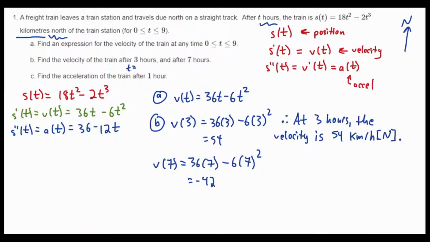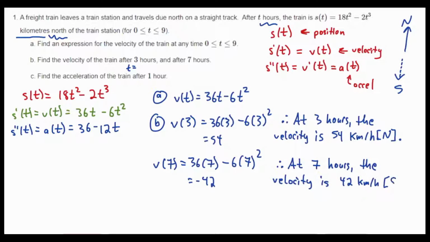Negative just means it's heading the opposite of north, which means it's going to be heading south. So therefore, at 7 hours, the velocity is, and don't write negative 42, just write the magnitude, 42, the units, kilometers per hour, and the direction, south.